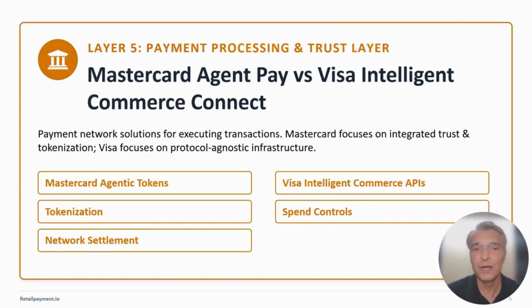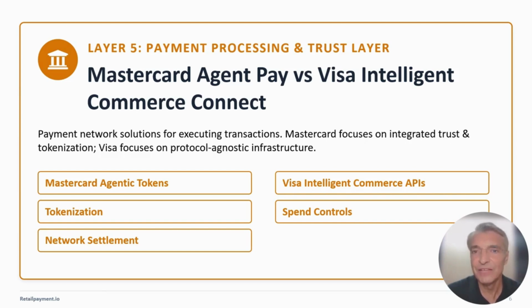And now we are at layer 5, almost through the 6 layers. And these are the payment rails, Mastercard and Visa predominantly currently. Layer 5 is where the money is actually moved. The payment networks. And here Mastercard and Visa have made generally different bets. They both have different specifications, and I will talk you through the difference in a separate slide later on.